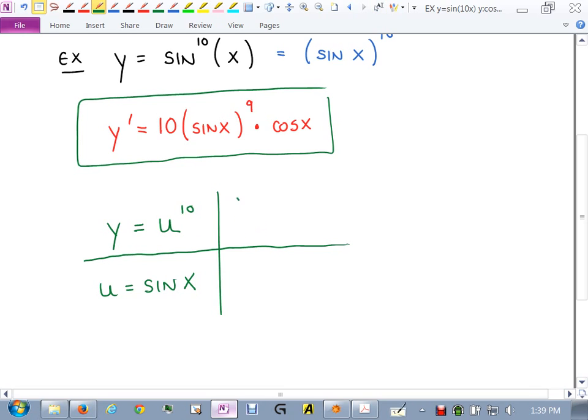dy du would be 10u to the 9th. What would this one be? du dx would be cosine x.